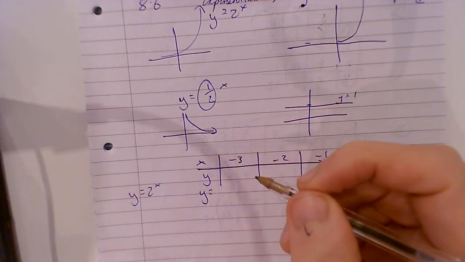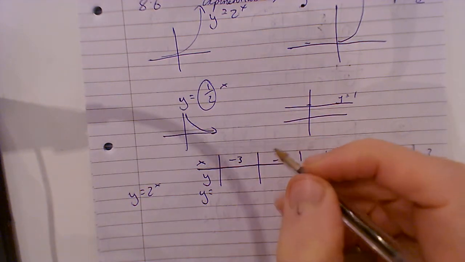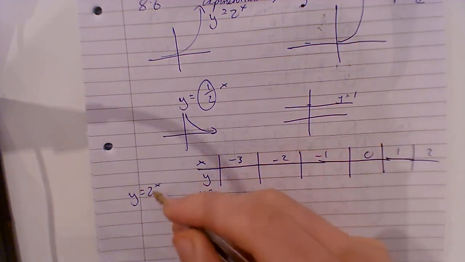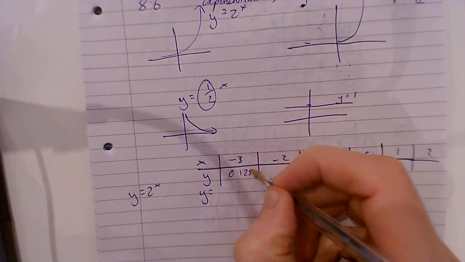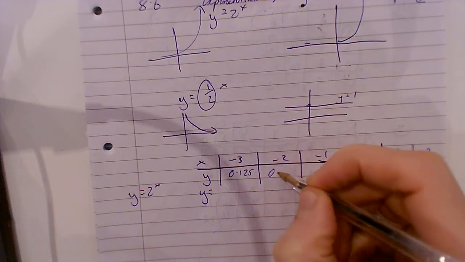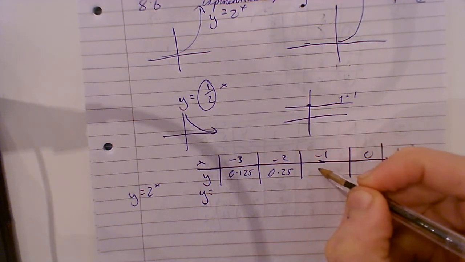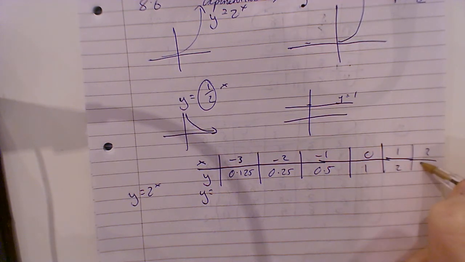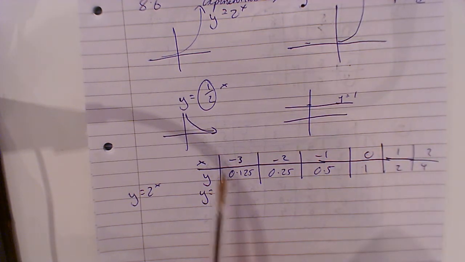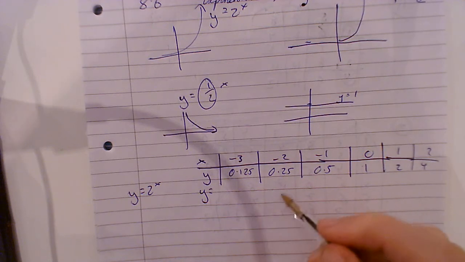Your calculator can do it for you, or you can just put into your calculator 2 to the power of -3, and you'll get 0.125, and then 0.25, and then 0.5, and then 1, 2, 4, and so on. Everybody here is capable of drawing a graph for that.